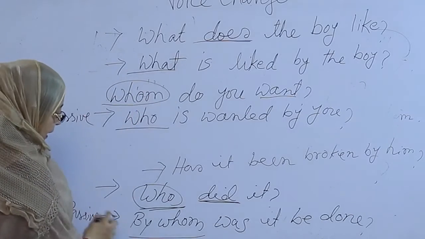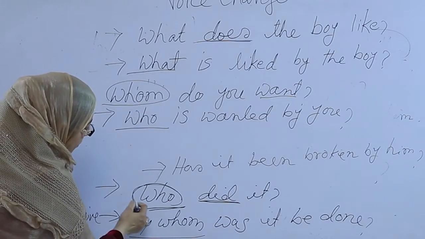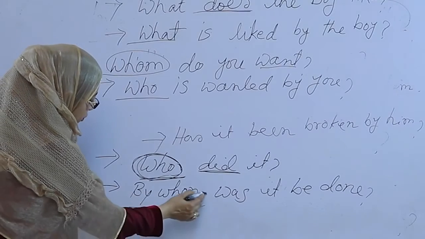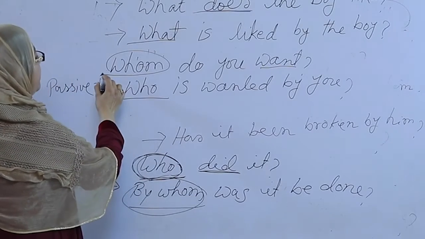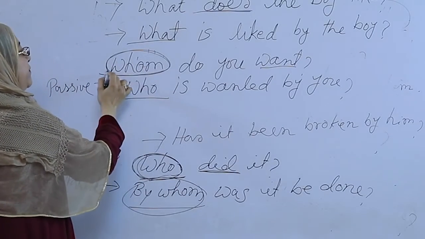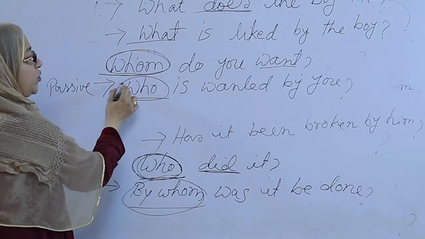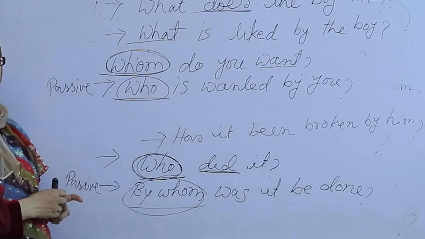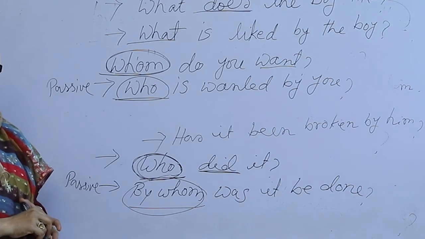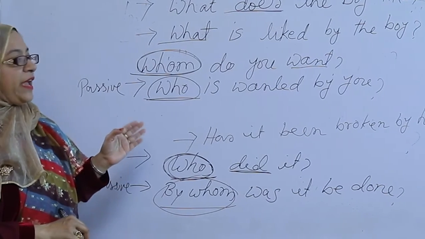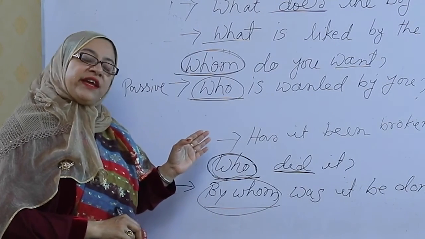I only change who and whom: when I turn who into passive I use by whom, and in an active form whom, when I turn it into passive I use who. So, is it clear to you? How can we change from active to passive in an interrogative sentence?